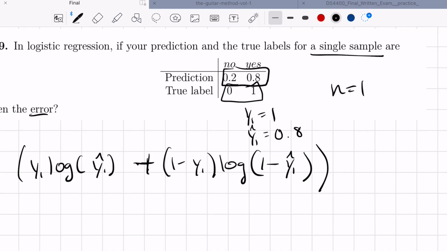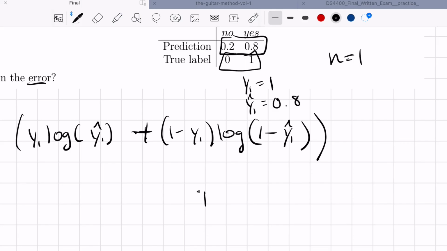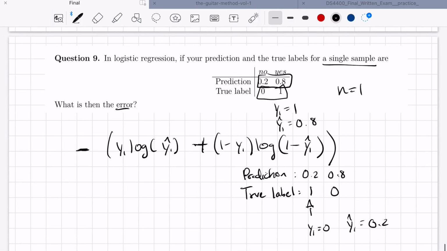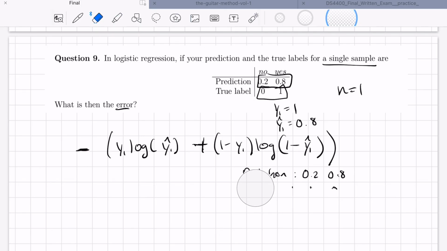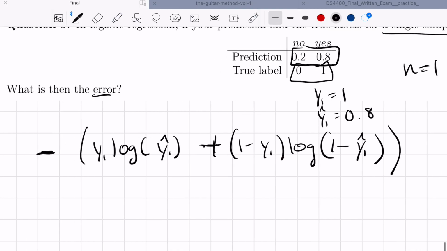Conversely, if our true label looked like this and our predictions looked like this, that would tell us y_1 is equal to 0 and y_1 hat is equal to 0.2. But we know that's not the case for this problem. Now that we have our y_1 and y_1 hat values, we can plug them into our equation.